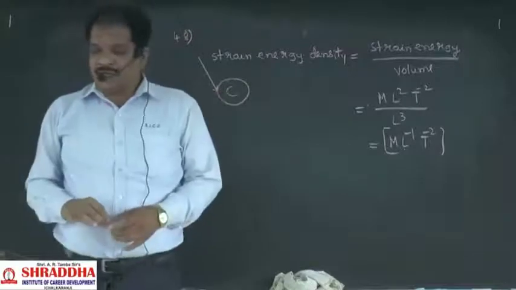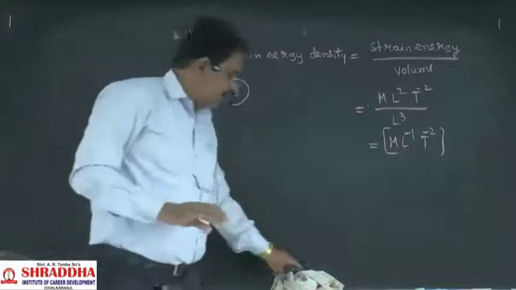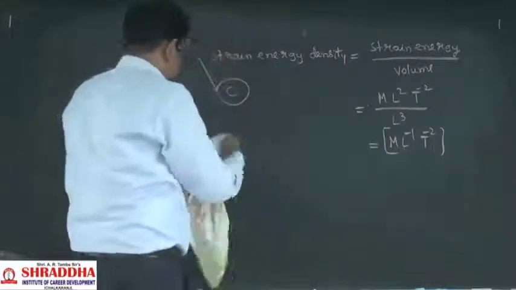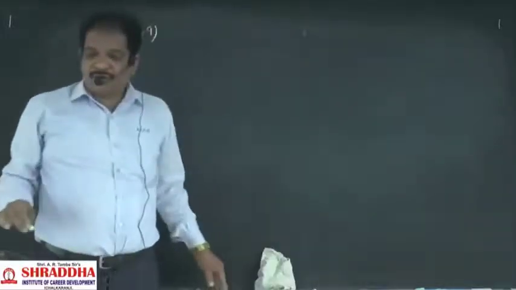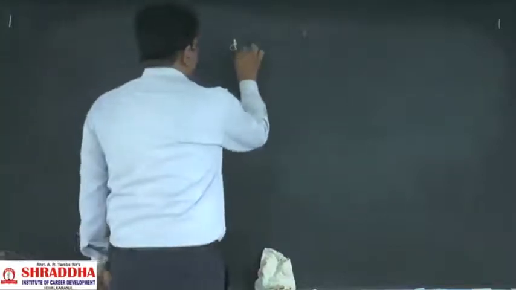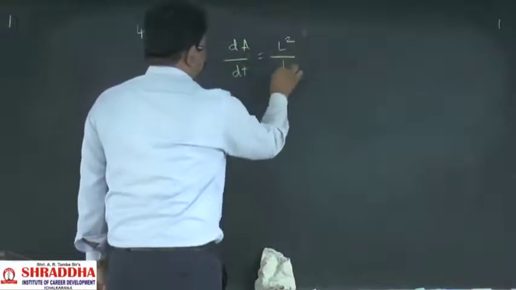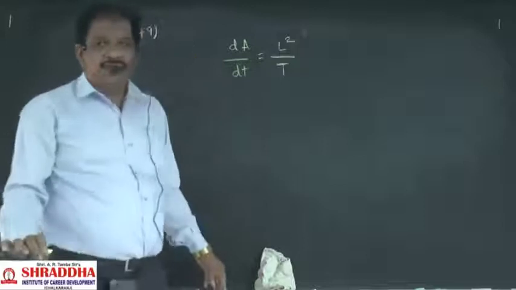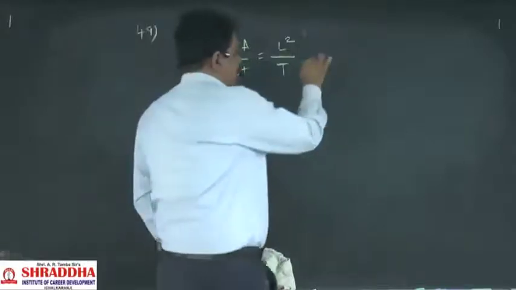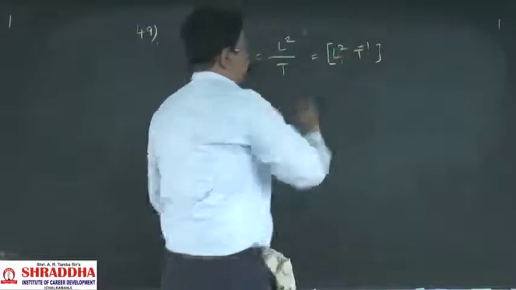Next, 49. Dimensional formula for aerial velocity. Aerial velocity is dA by dt. Area is L square, time is T. So this is L square T power minus 1.